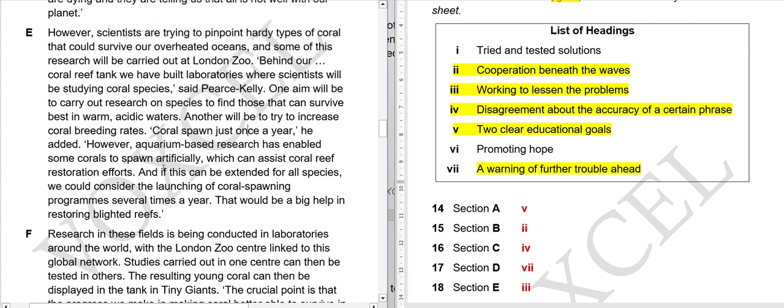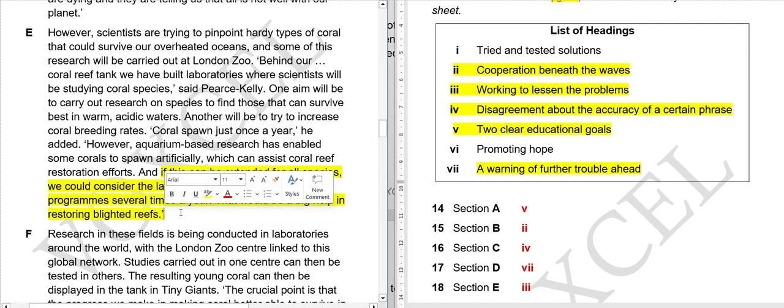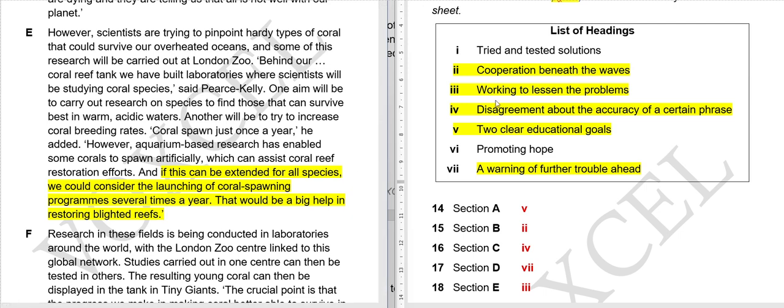One aim is this and this, and if this can be extended for all species, we would consider launching this program, and that would help to restore the condition of blighted reefs. Many of you might be thinking of promoting hope, but here they have not said anywhere that in the future because of this everything will be rosy, everything will be fine.